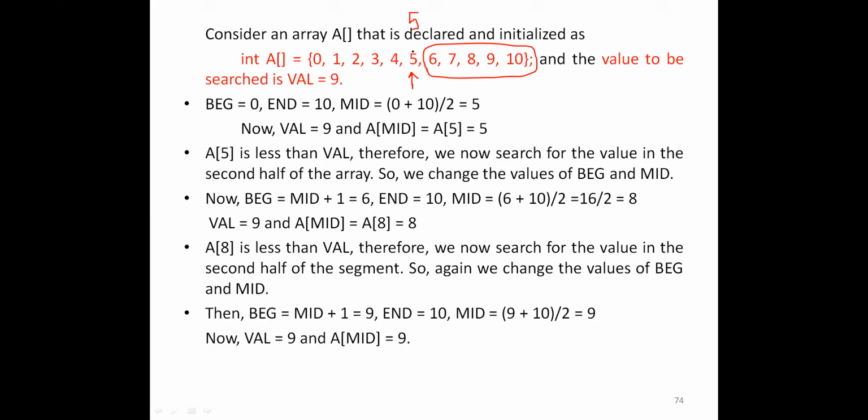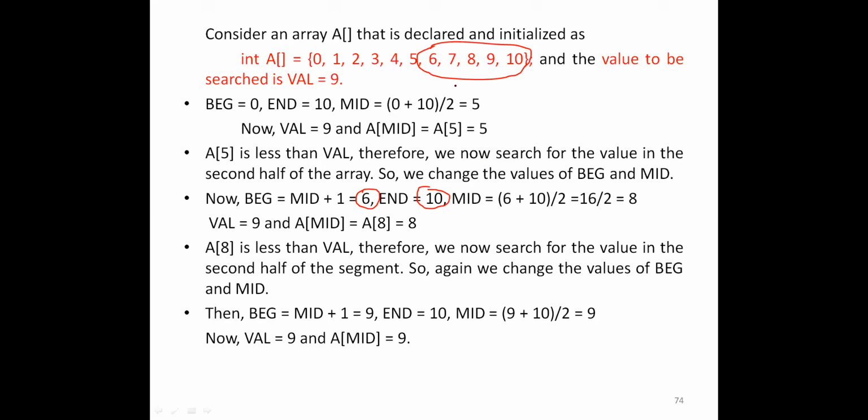The new beginning index is 6, and the end needs no change. End is 10 only, because we are going to search this whole remaining part.